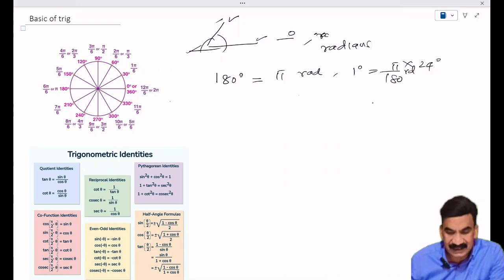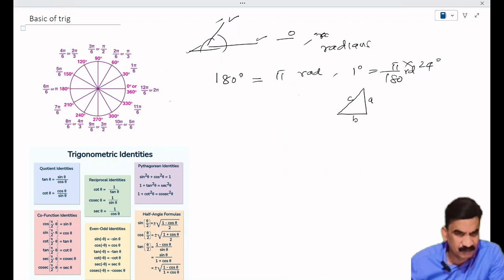Now let's start with something called the basic identities. Again, it's a revision. If I look at a right angle triangle with sides A, B, C, you remember Pythagoras theorem: this is called perpendicular, this is base, this is hypotenuse. But these are not fixed. They depend on the angle and from where you're looking.